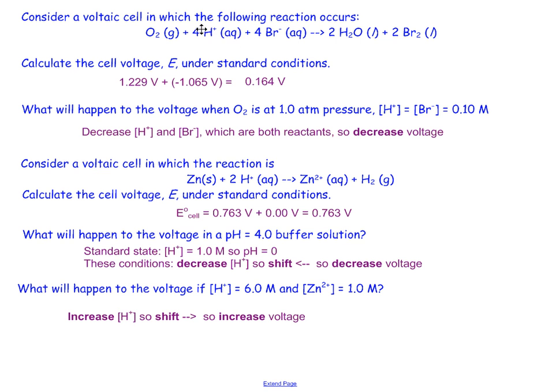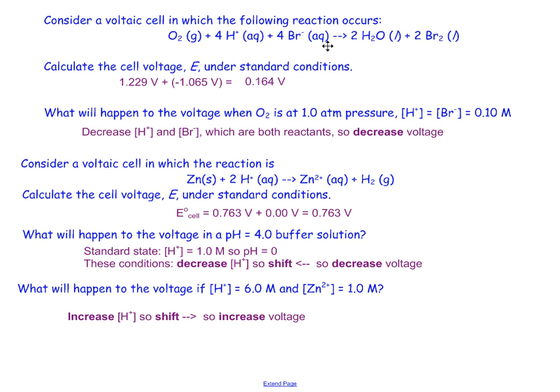If we decrease this concentration and this concentration, we're decreasing reactants, and each of these is by a factor of 4, so we're really decreasing the denominator of our Q. Decreasing reactants will cause a shift towards the left. And if we shift left, we're going to produce less voltage.